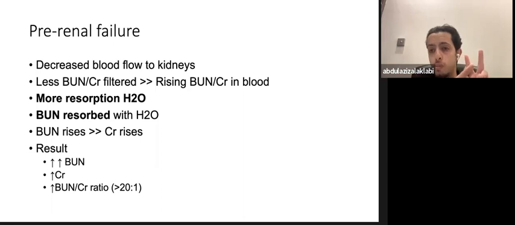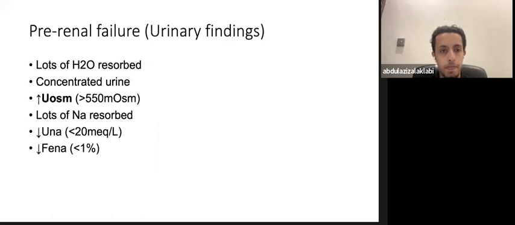First of all, there's decreased blood flow, which causes decreased filtration of BUN and creatinine, therefore a rise in the blood. Second of all, because there's increased reabsorption of water, the BUN will also follow it. So anything that was filtered, which is also low, will actually be reabsorbed with the water. So there's two mechanisms, okay? And this is why you're going to have a much higher BUN compared to creatinine. And the ratio will be more than 20 to 1. 22 to 1, sorry.